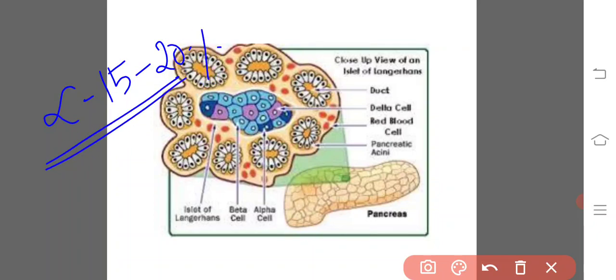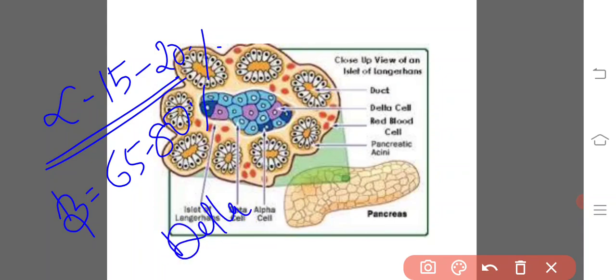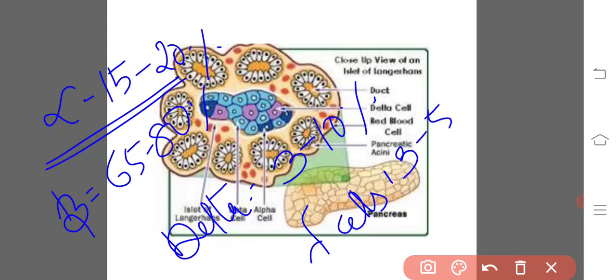They contribute 15 to 20% of the cells within the islets of Langerhans, and beta cells are 65 to 80%, and the delta cells are about 3 to 10%, whereas F cells are about 3 to 5%.